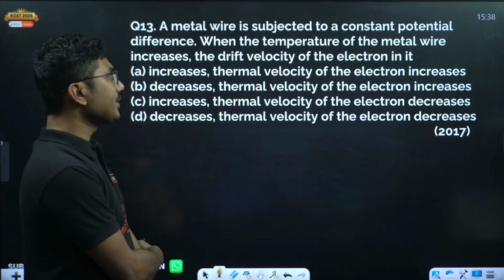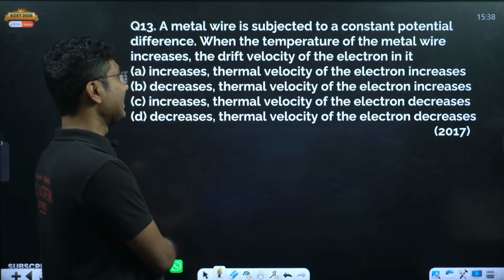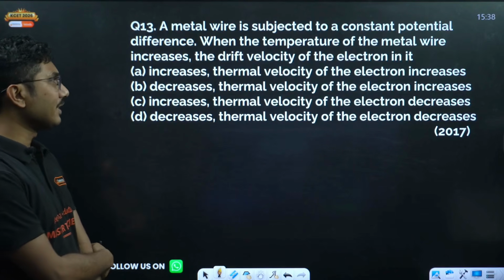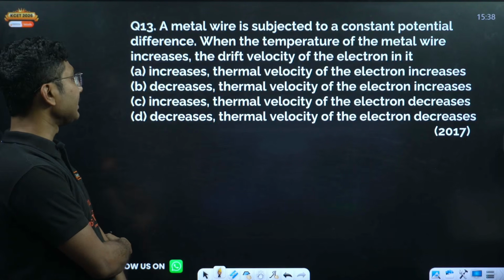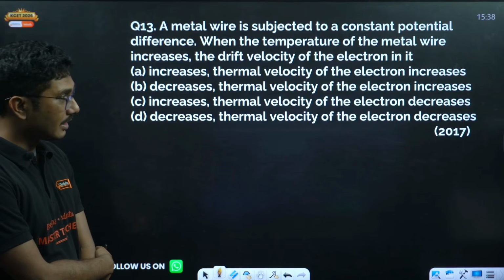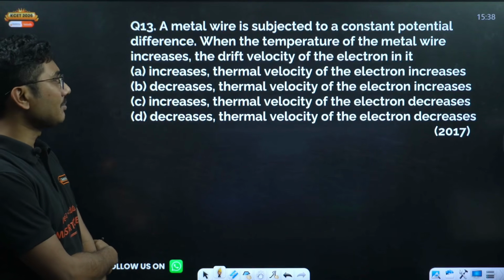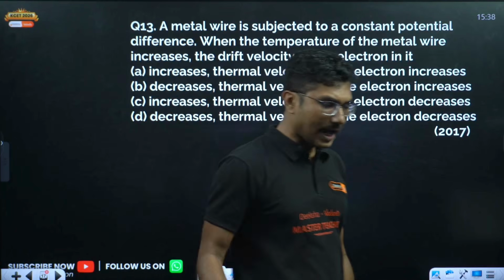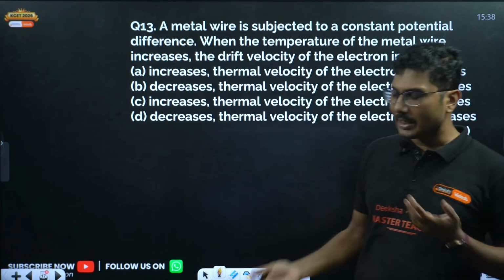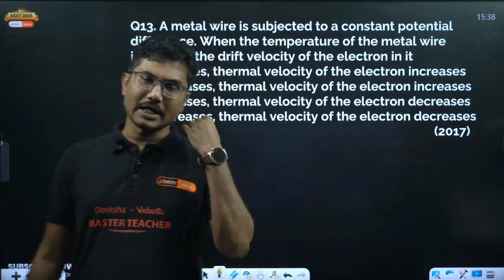When the temperature of the metal wire increases, the drift velocity of the electron in it: increases, thermal velocity increases; decreases, thermal velocity increases; increases, thermal velocity decreases; decreases, thermal velocity decreases. So obviously as you increase the temperature, one thing we realize is that thermal velocity has to increase.